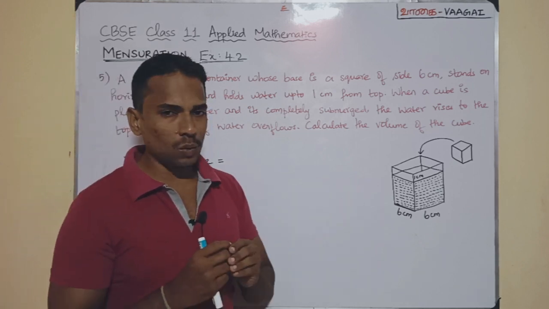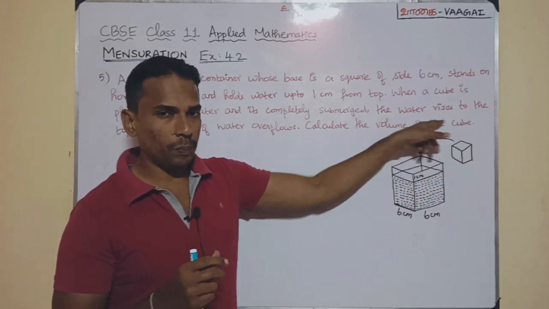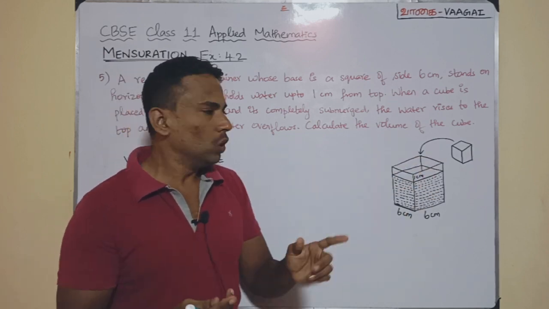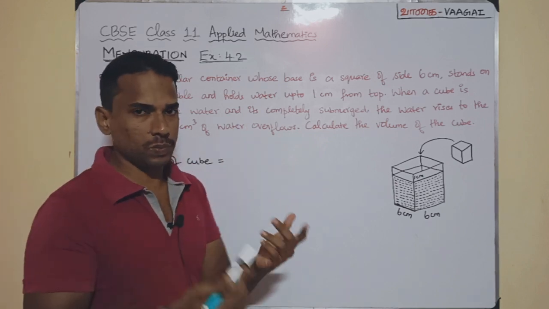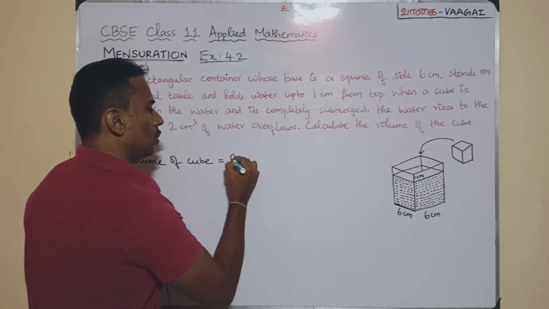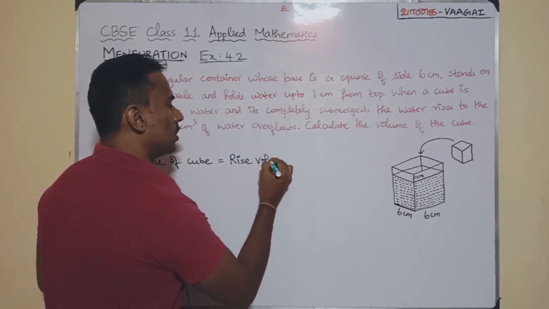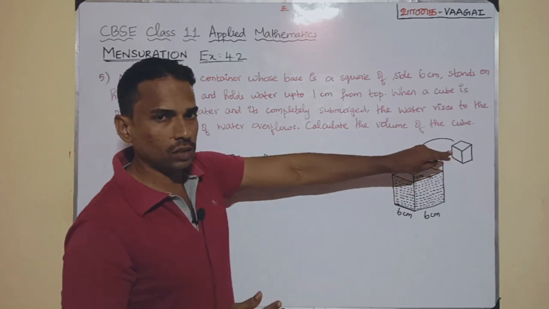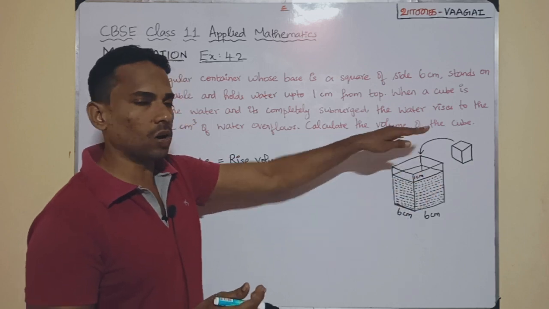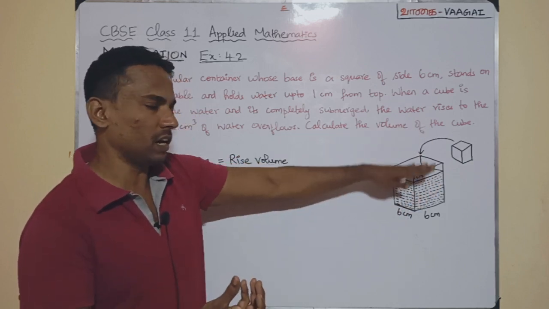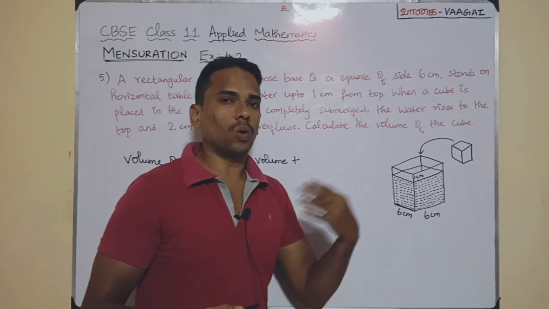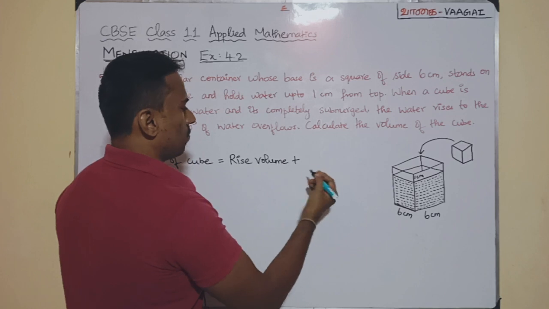Now see here, additionally what happens? Because you are dropping the cube inside this water, the water level rises up, and also 2 centimeter cube of water is going to overflow. Which means the total volume of the cube will be equal to the rise volume, meaning the volume of water increased up to the top, plus whatever water overflowed.